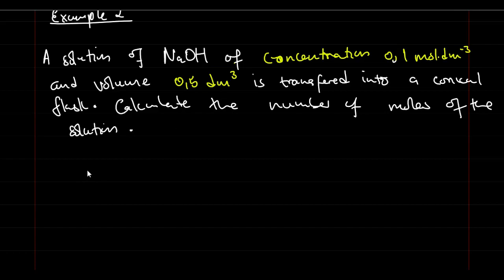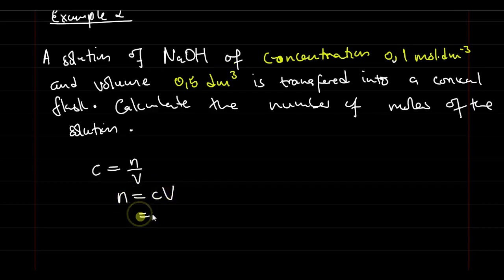So now which formula are you going to use? When you answer this, you start by writing C is equals to N over V, and then from there you rearrange it. When you cross multiply, V is going to multiply C, and then you have N is equals to CV.